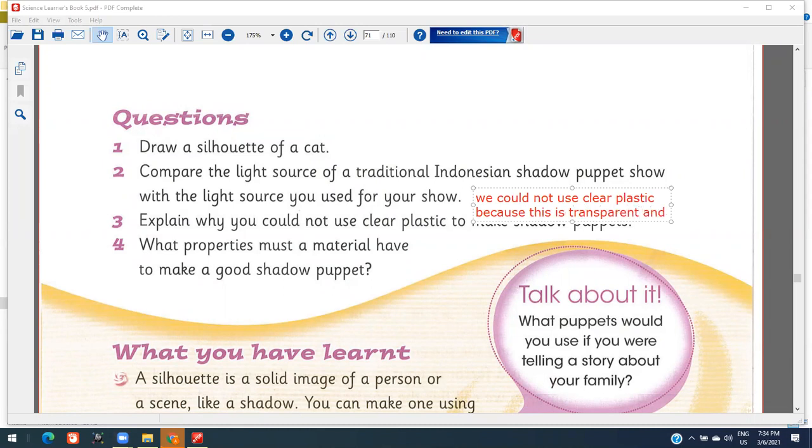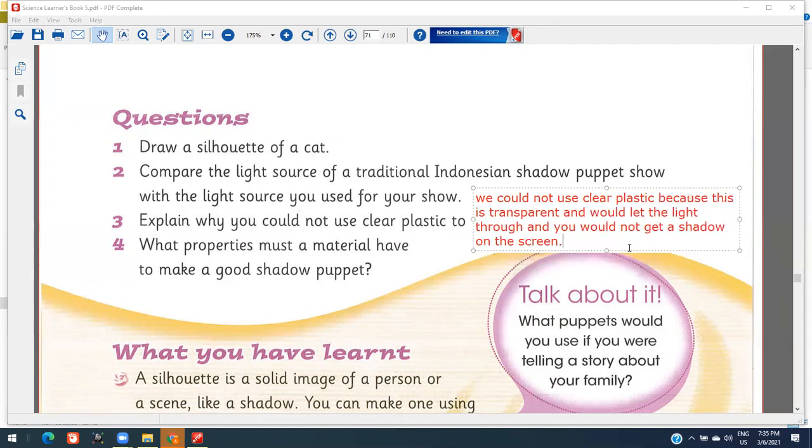Also, it would let the light pass through, and you would not get a shadow on the screen.